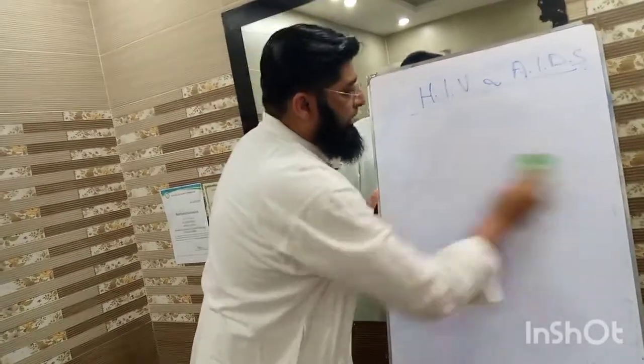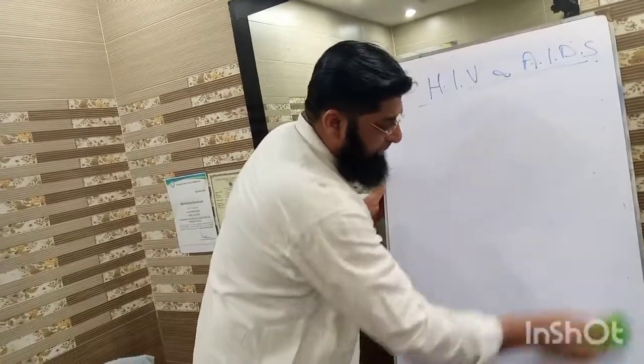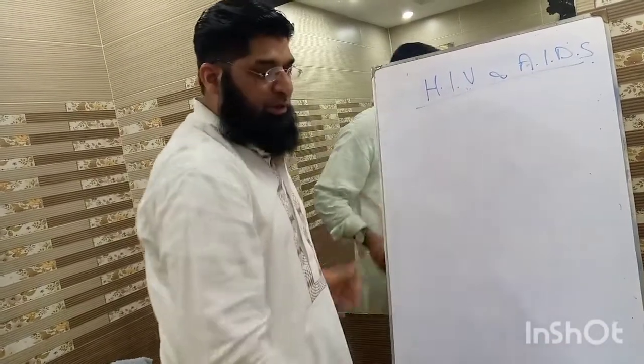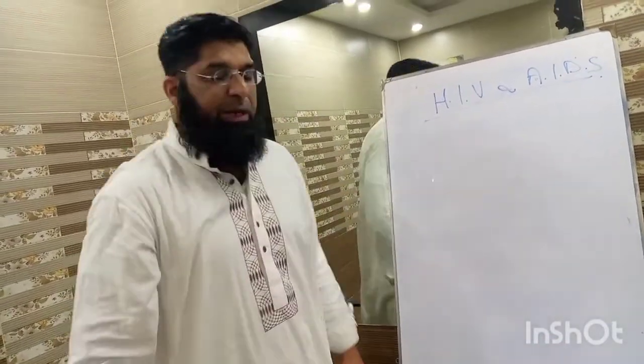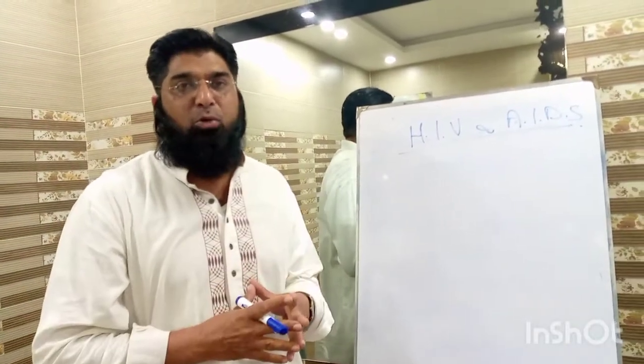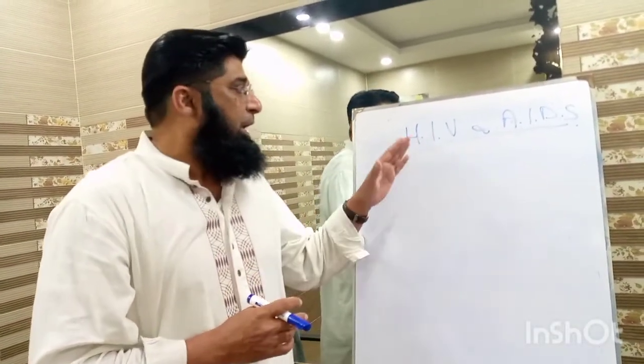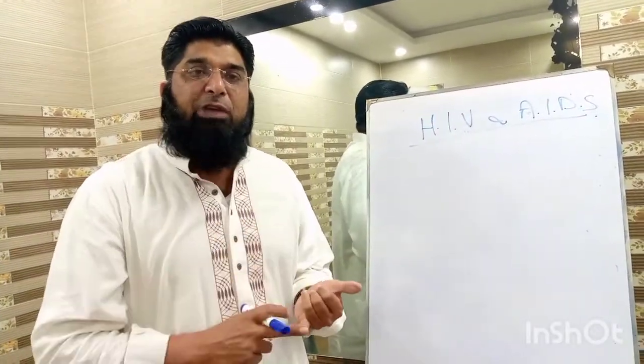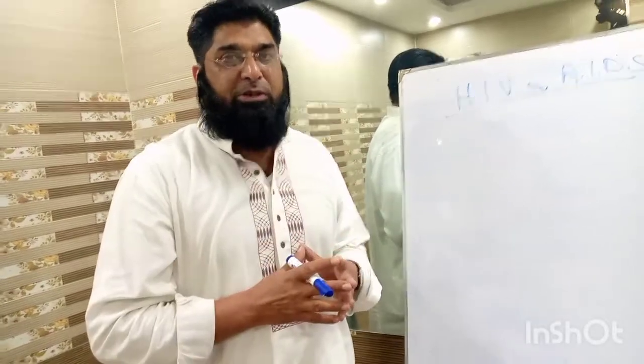Students, keep one thing in mind. Viral infections are caused by increased replicative rate of virus. Viruses multiply very rapidly in the host. And in case of HIV and AIDS, HIV virus must convert its RNA into DNA for rapid replication.